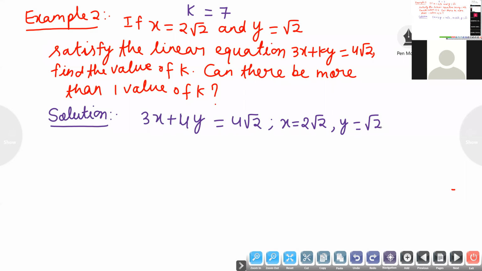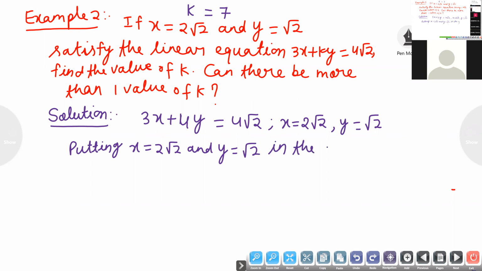In the place of x, I will substitute 2 square root of 2, and in the place of y, I will substitute square root of 2 in the given equation.